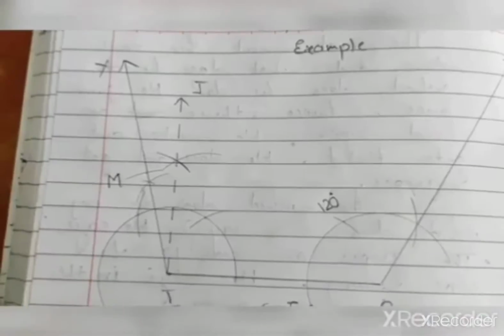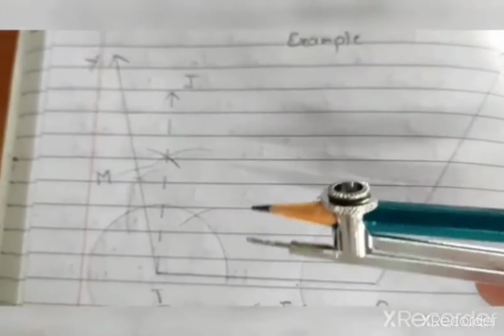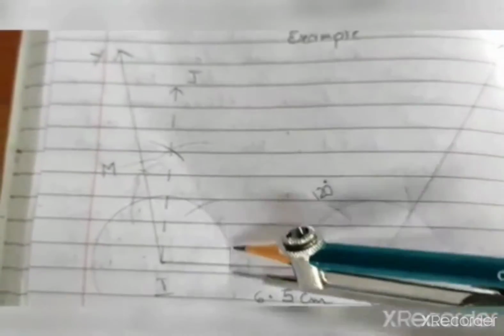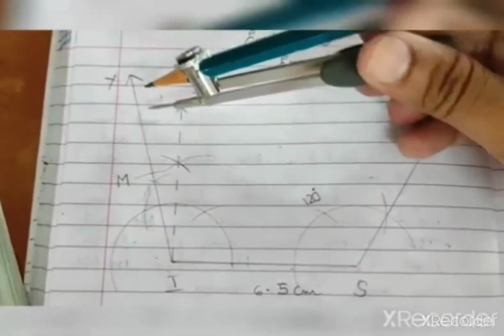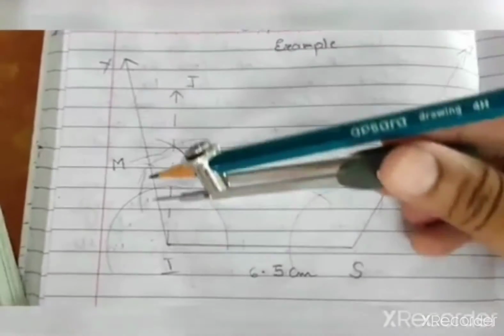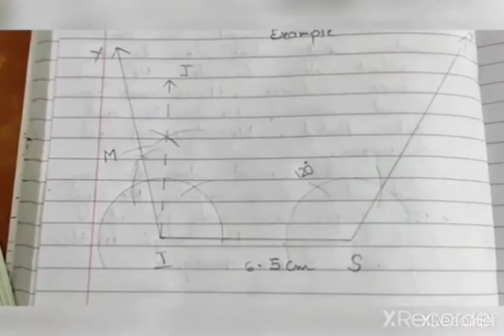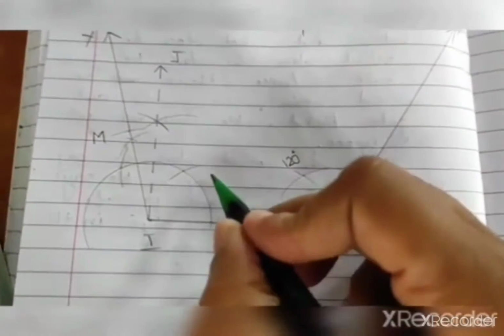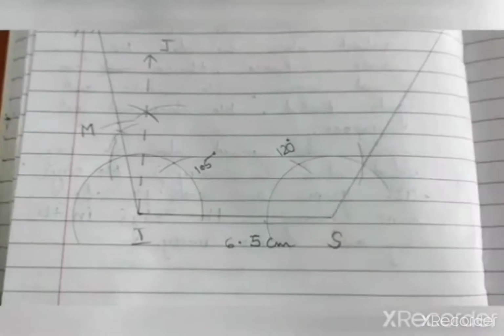Okay, and join this. So what you will get, here is 90 plus 15 degrees, 105, and join Y to I. So angle YIS is 105 degree.